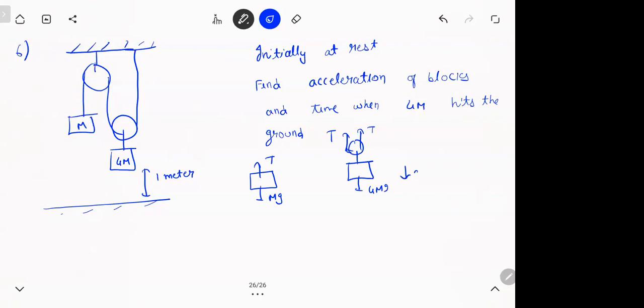I will say this is going down, this is going up. Find the relation between them. T into A1 plus 2T into minus A2, constraint equation. So we get A1 is 2A2. Third, divide the forces. Here the forces are already along the y-axis. Fourth, write the equations. Up is positive, down is negative.